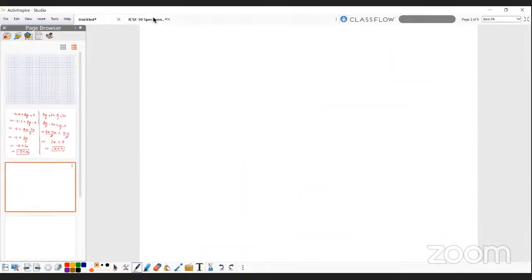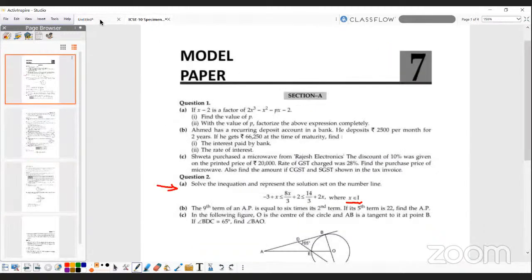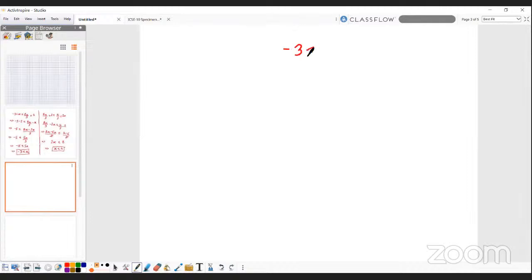Since in the question it was given x is an integer, so minus 3 less than equal to x less than equal to 4. So our solution set will be x belongs to minus 3 and 4 are also included. So minus 3, minus 2, minus 1, 0, 1, 2, 3, 4.